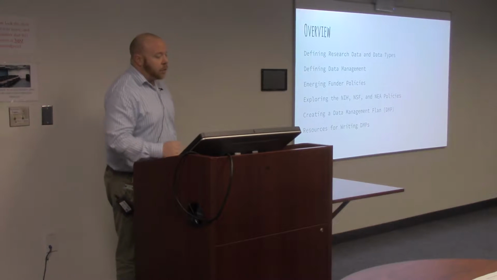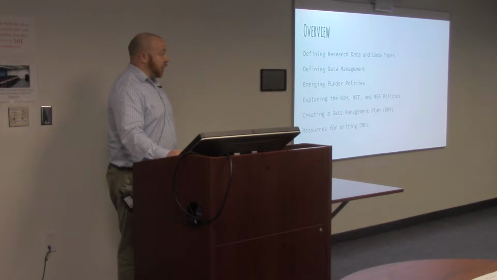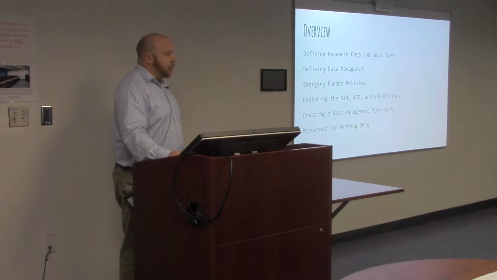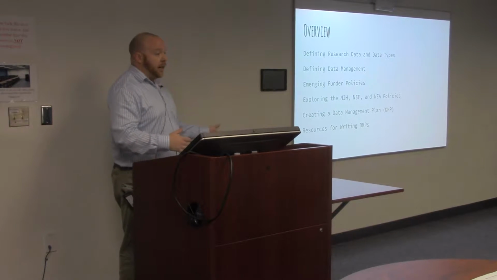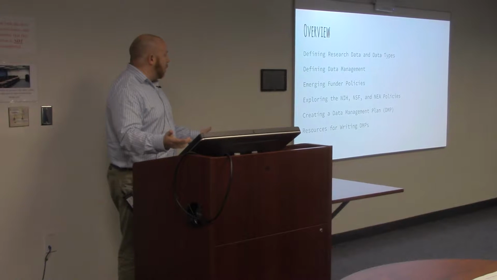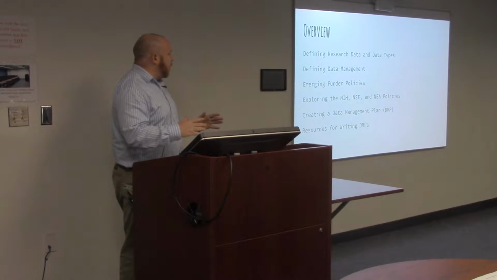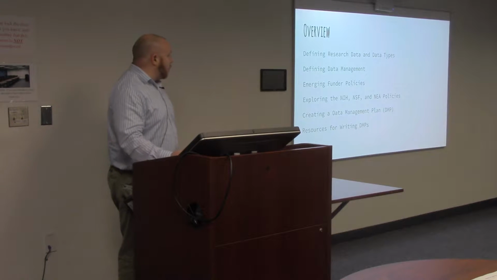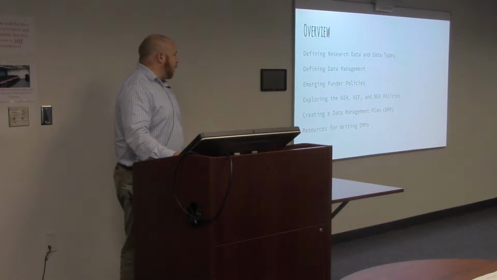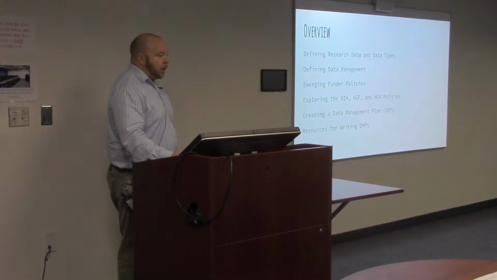What we're going to do is start by defining research data, because you have to in a data management workshop. And we're going to talk about data types and formats. Most of this will be reviewed from research methods classes you've either taken or taught, but you'll need to be able to recall that type of information very quickly. So we'll do a brief overview. We'll define data management, and we'll spend a lot of time discussing emerging funder policies.